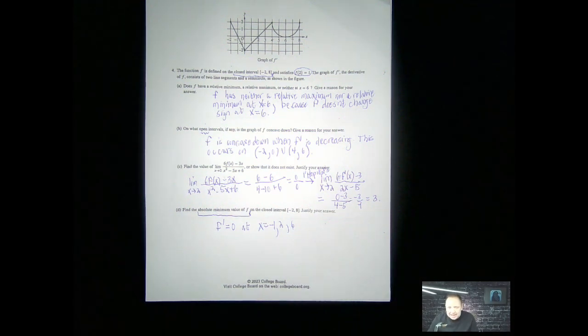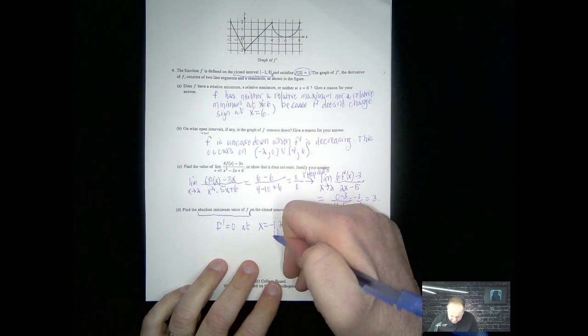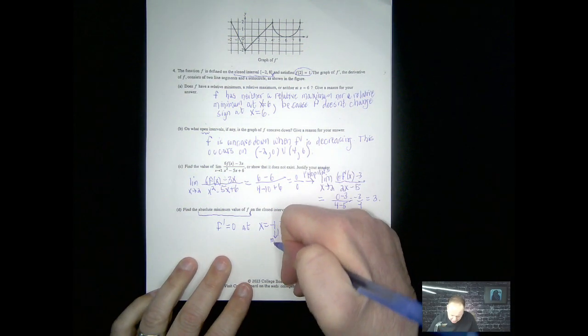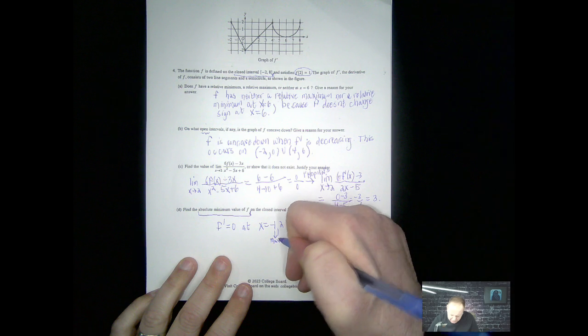Because what you're doing inside the interval is you're telling the AP grader that you know fundamentally a possible critical value occurs when the derivative itself is equal to 0. Now I'm going to even take it further. I'm going to go to -1 and f prime changes from positive to negative. So that's a max. I'm not going to write a big sentence about that.